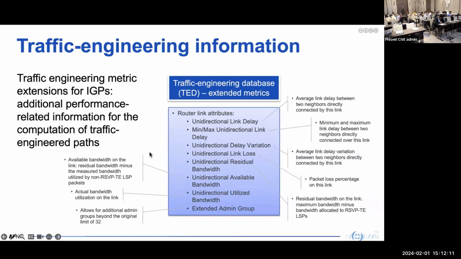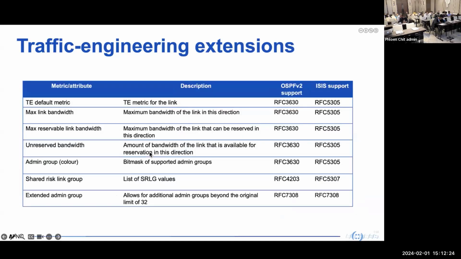Because in IGP, we only distribute the metric of the link. But with this extension, it can distribute further information like latency and percentage of packet loss. Here is a list of traffic engineering extensions that have been defined for OSPFv2 and ISIS.